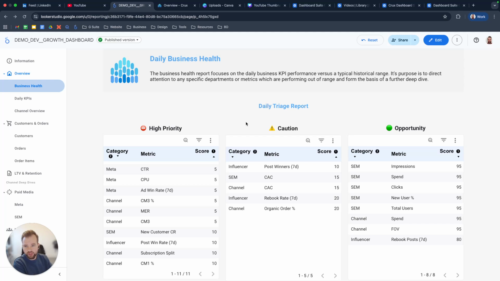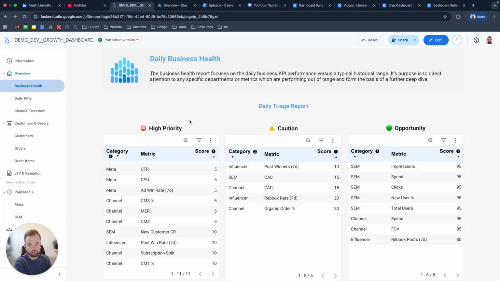So for every metric that we track in BigQuery, in your data warehouse, we allocate certain percentile ranges historically over the past 12 weeks. And this is done on a day-to-day basis, so we're taking into consideration weekday seasonality as well.